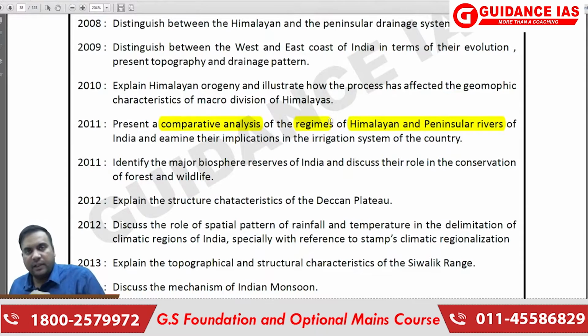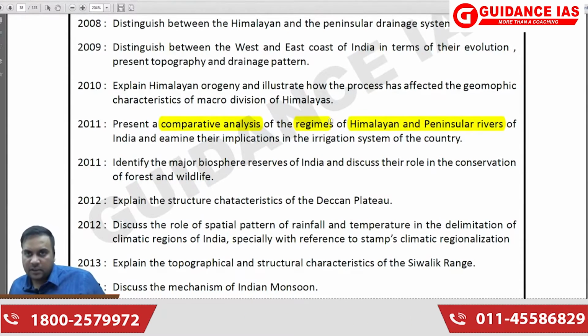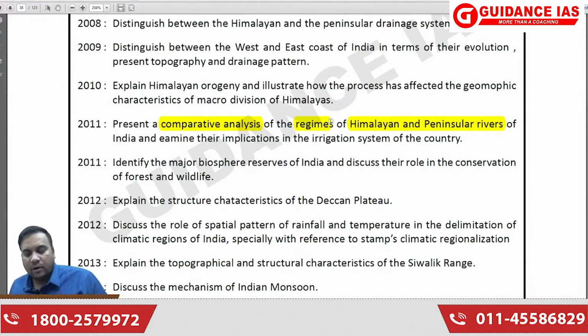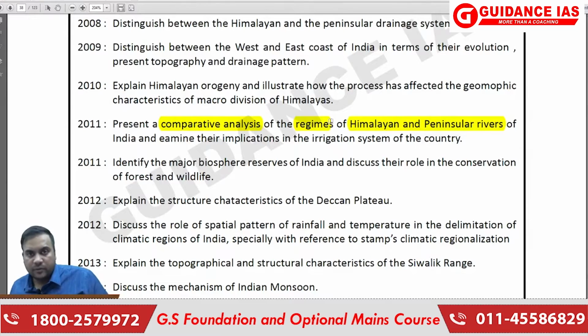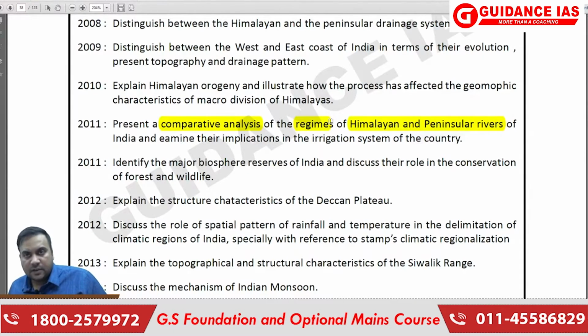For example, when we are here talking about the river regime, we are talking about the discharge, that is the water flow in the river in a year, that is in January, February, March, April, May, June till December. What is the flow of the river? How much water is flowing? That is what we call the discharge.